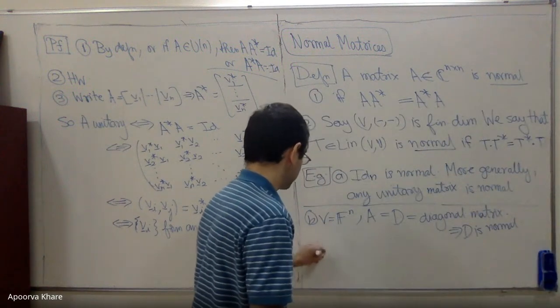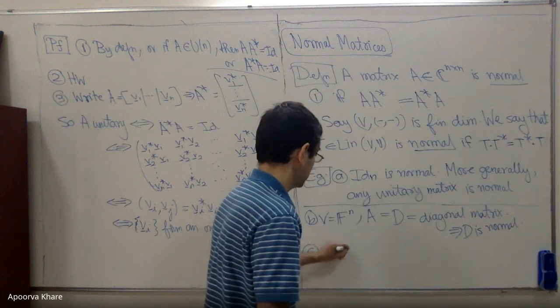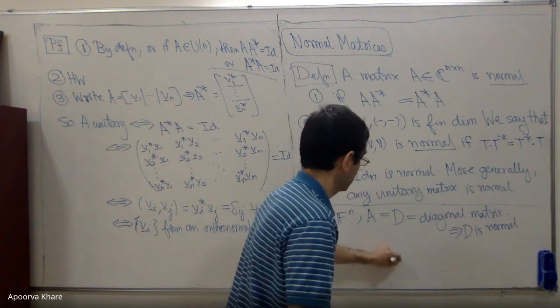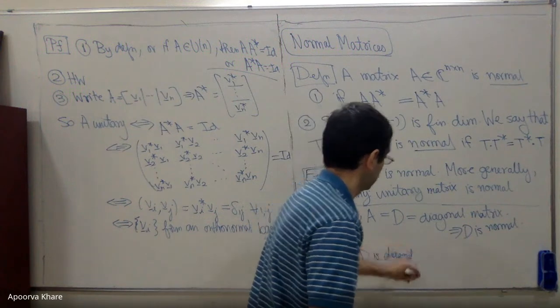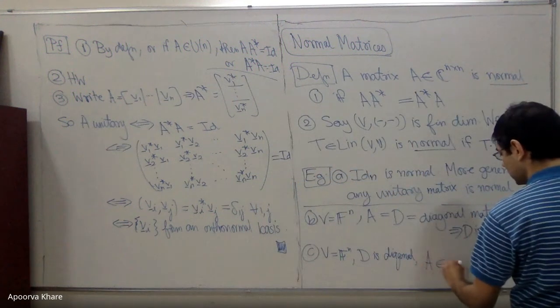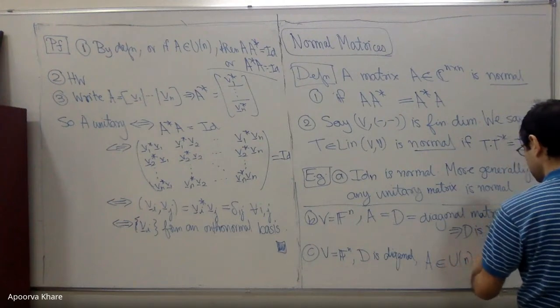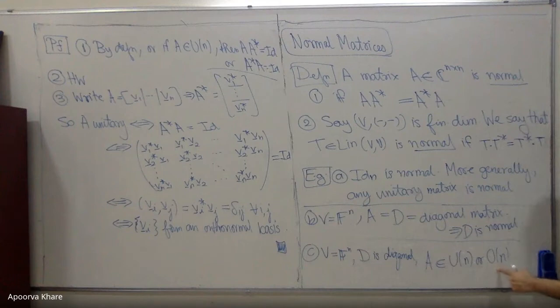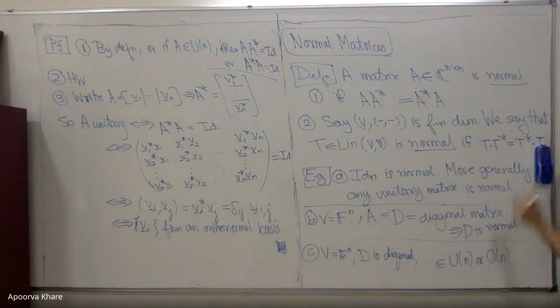Okay, so that's my third example. Again V is F n, D is diagonal, and then U is either unitary or orthogonal. It depends on F. If F is R, then if U is orthogonal, if F is C, then U is unitary. Sorry, this is not A, this is U. Oops, my mistake.